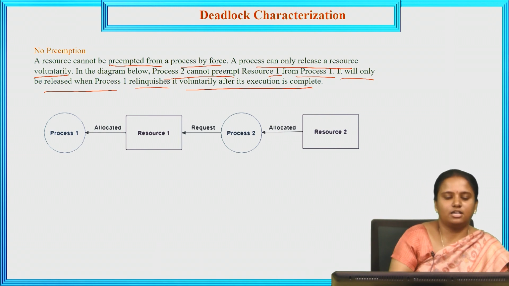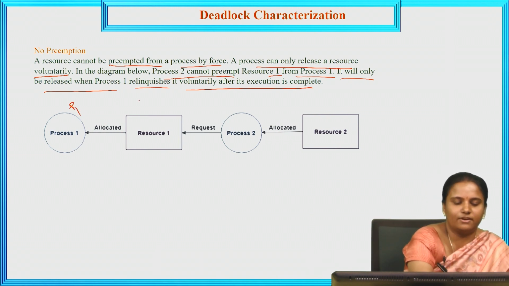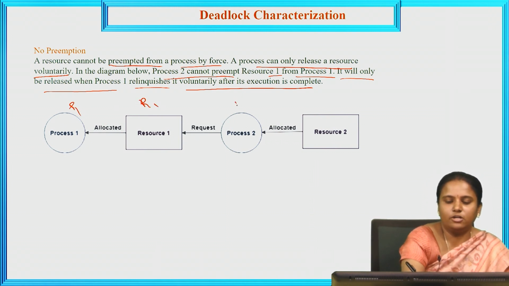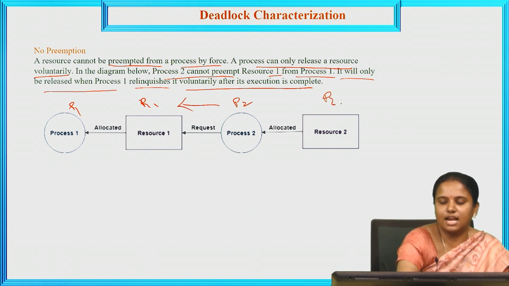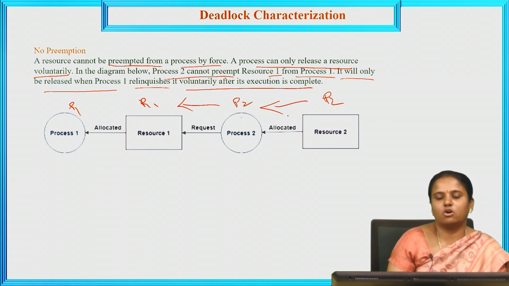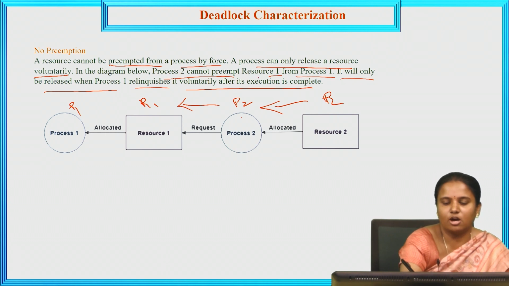Here resource 1 is allocated to P1, P2 is requesting R1, and R2 is allocated to P2. What the diagram says is that process 2 cannot preempt resource 1 from process 1.